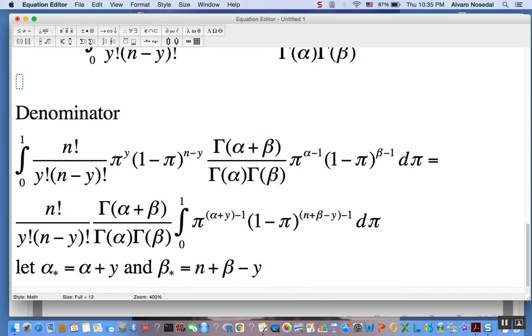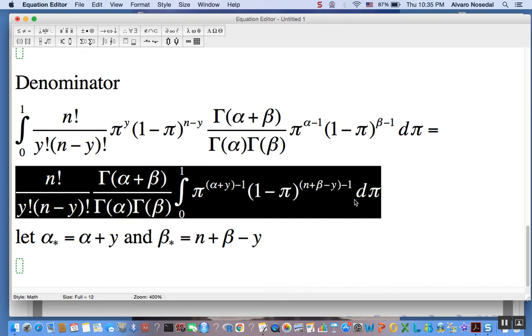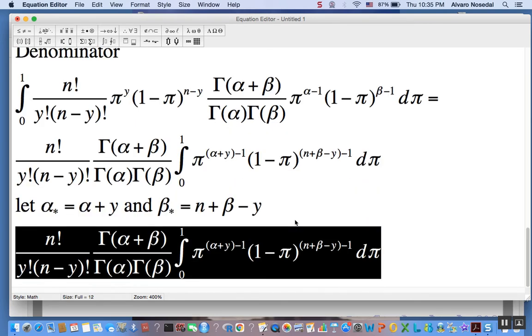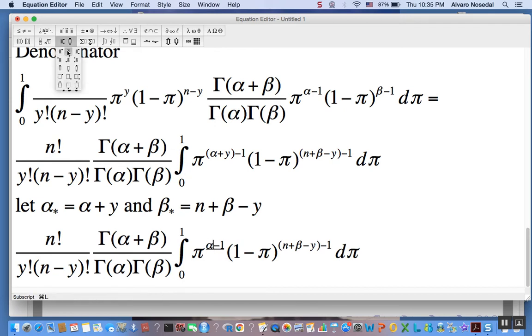Okay? So now what I'm going to be doing next is just rewriting the integrand, right? This guy here, using alpha star and beta star. This guy is beta star.